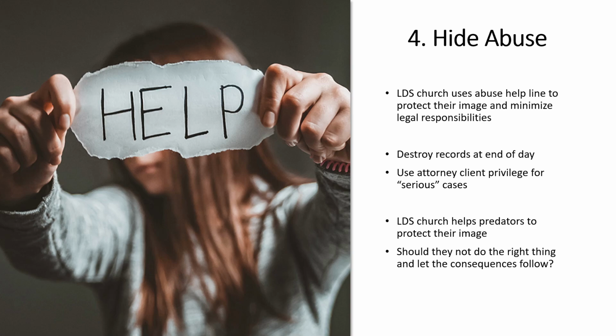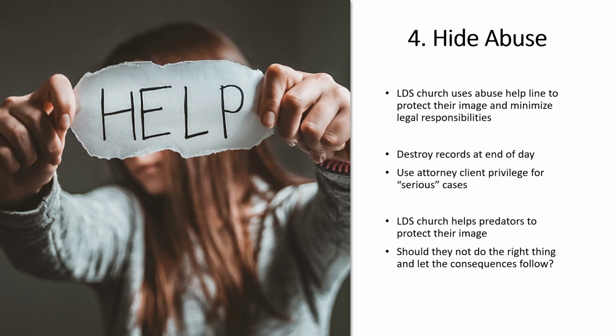It recently came to light that the LDS Church has an abuse helpline that leaders can use to ask for advice on how to handle reported cases. In 2022, a lawsuit uncovered that a member reported to his bishop that he was sexually abusing his daughter.